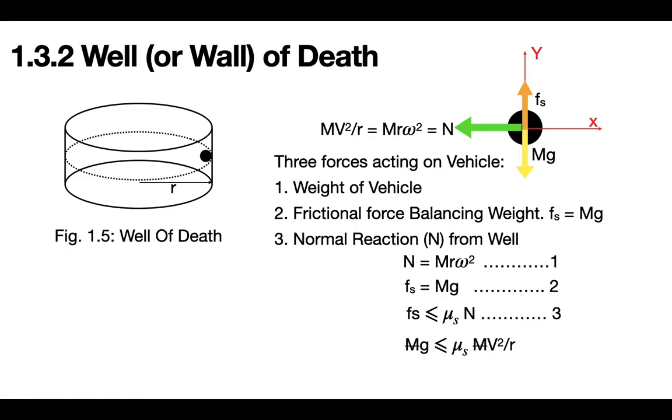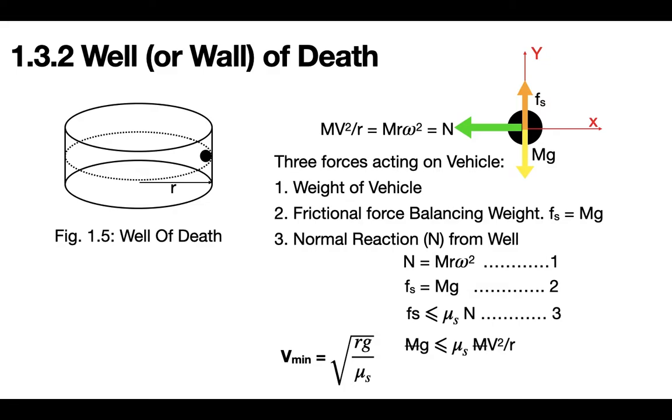If you put mg for Fs, and for N you put m v square by r, you get g is less than or equal to mu v square by r. In other words, the minimum velocity at which the biker can perform the stunt is square root of r g by mu s.